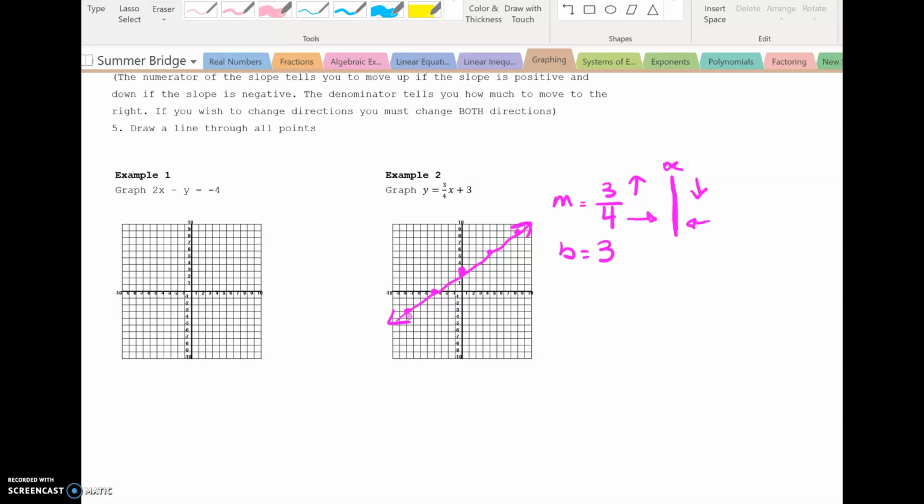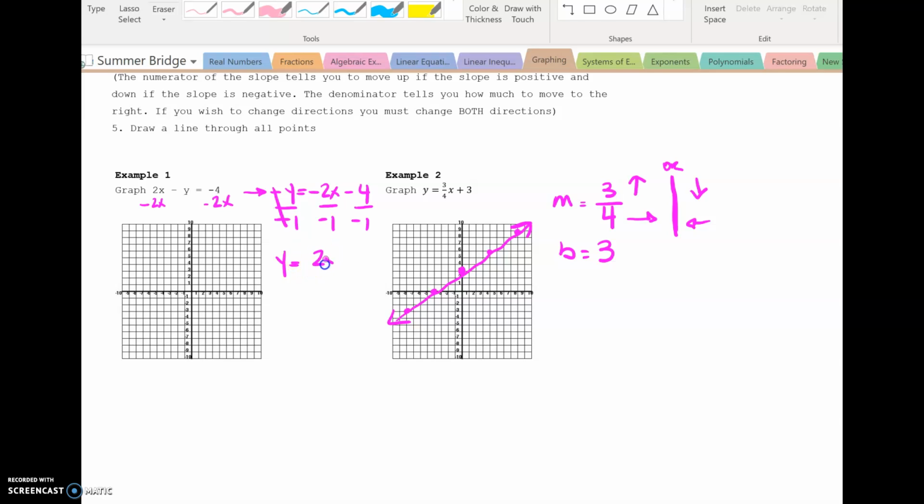Now, for my first example, I need to rework that. So I'm going to subtract 2x from both sides. Negative y is equal to negative 2x minus 4. And then I'm going to divide every single term by negative 1, because that way I make the y positive, and I need to make sure my y is positive.